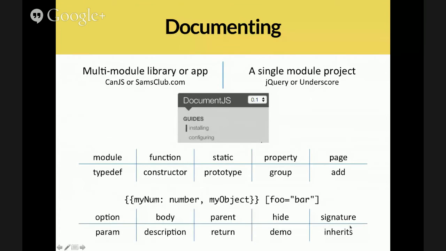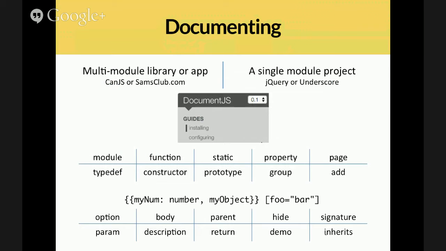And then there's the whole other tags that you can use to decorate the type of objects up above, right? If I want to say that something inherits from something else, there's tags for that. So there's a lot to know about documenting that I'm going to break down now.